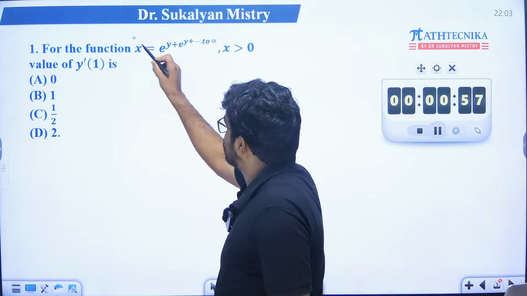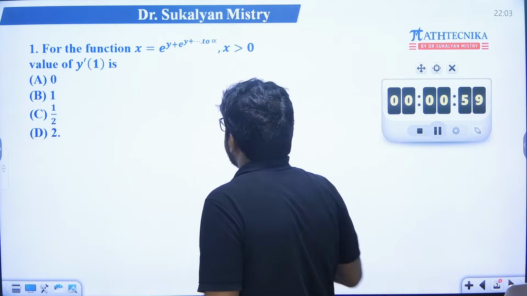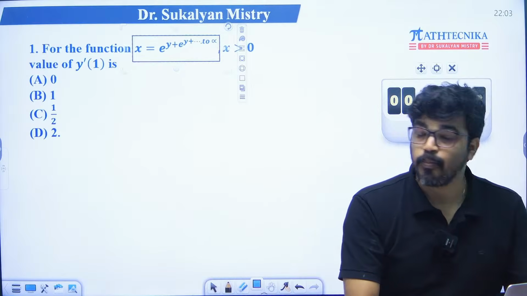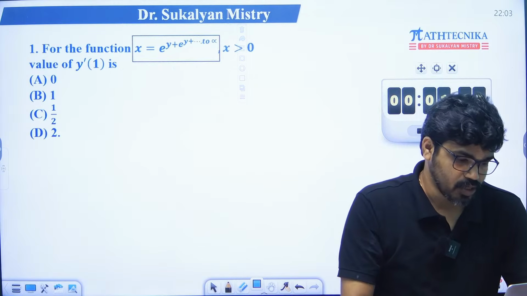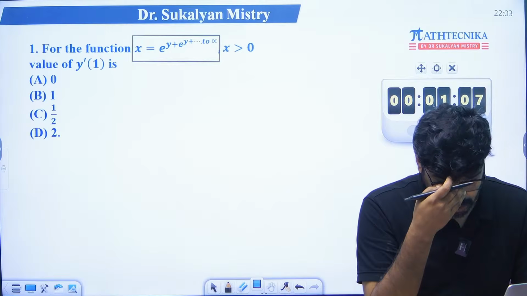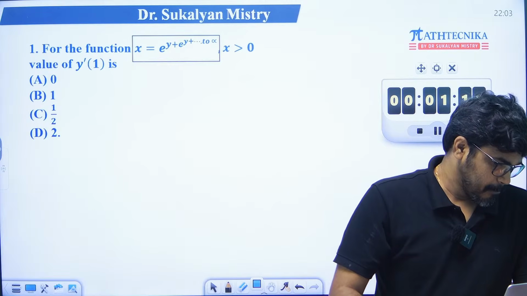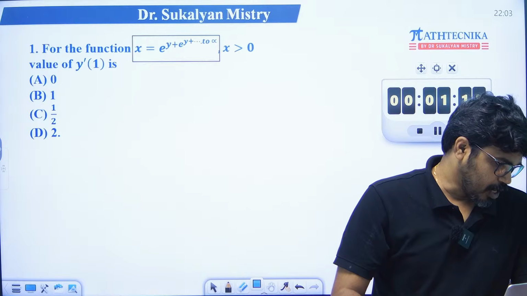Okay, derivative of this at the point x is equal to 1. So try to solve this problem.